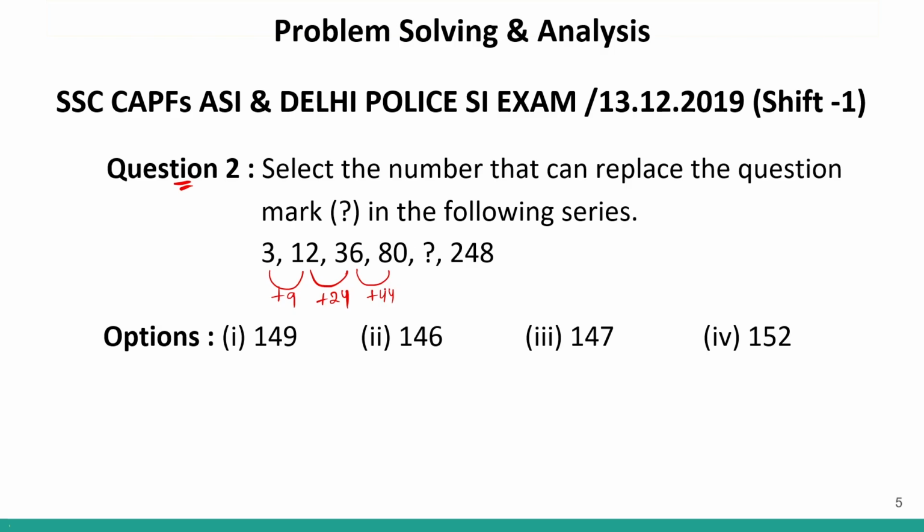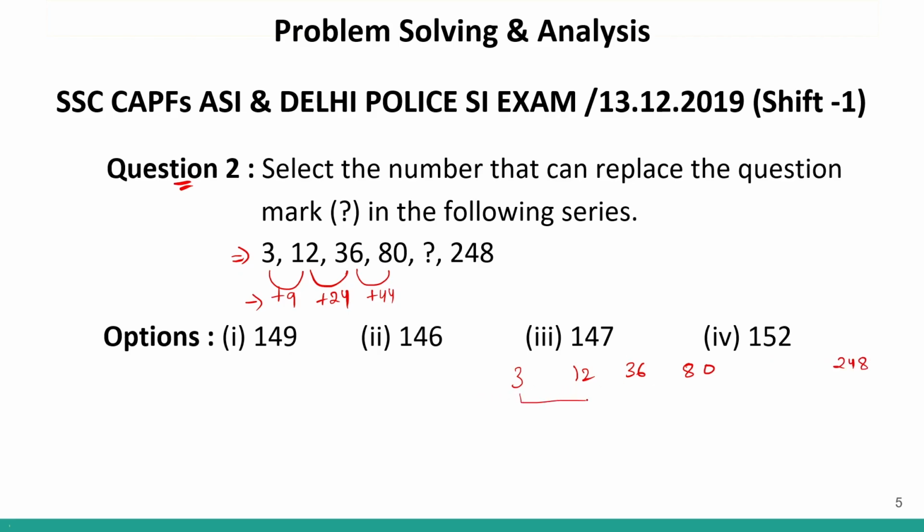I told you that whenever you get a question like this in which you cannot get a logic, try to break the numbers down to the smallest number. So let us do it over here. 3, then 12, then 36, then 80. We have to find the missing term, and then 248. Let us leave 248 for a while.